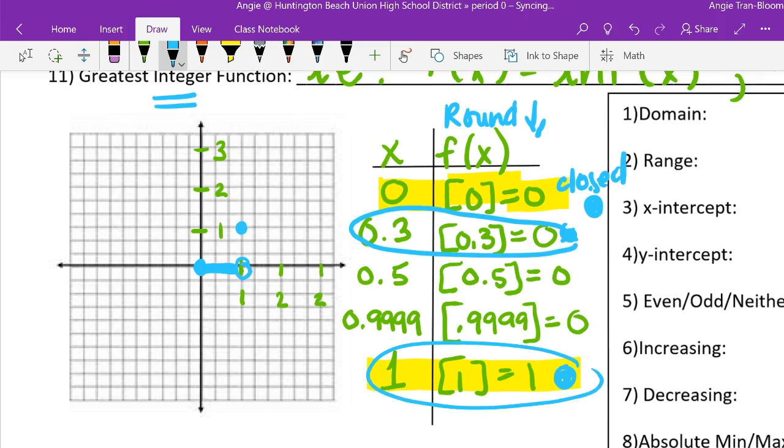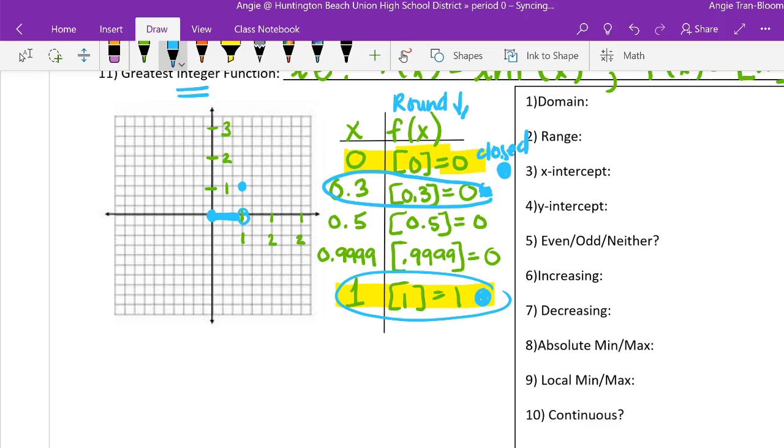Same thing. What if I pick 1.5? Well, 1.5, I need to round it down. I plug it in my absolute value symbol, I'm sorry, not absolute value, greatest integer symbol. I need to round it down to 1.